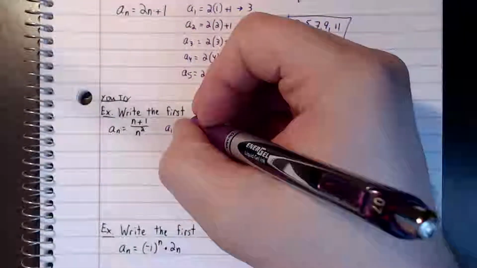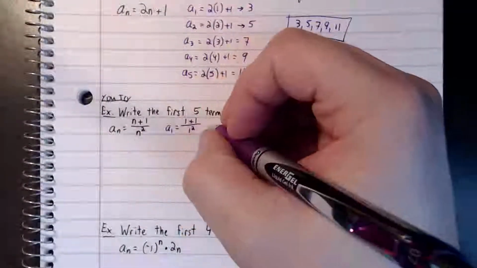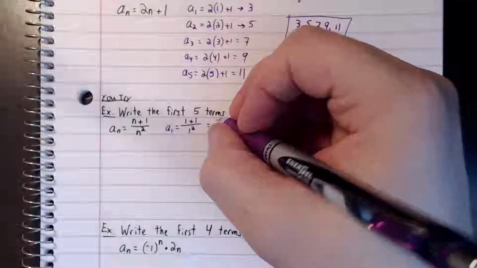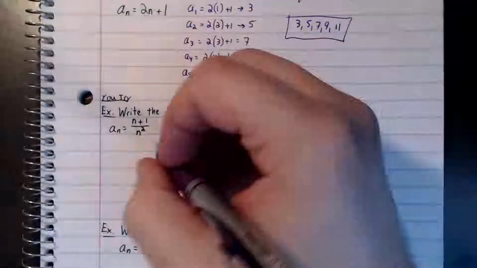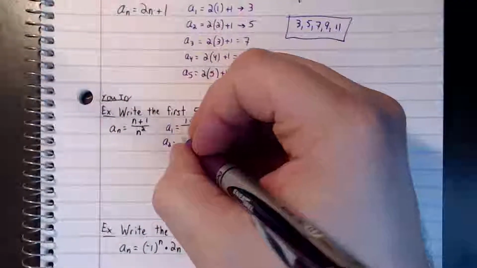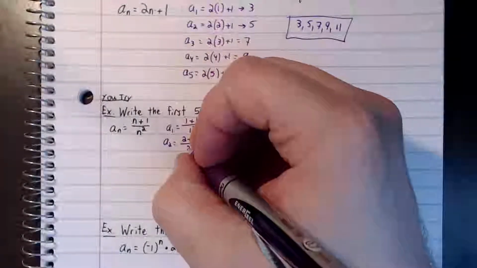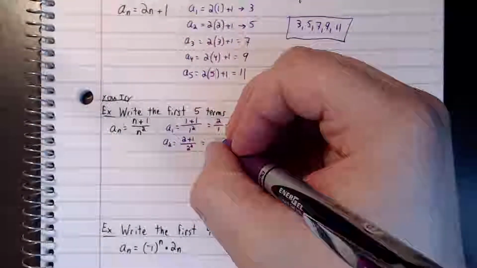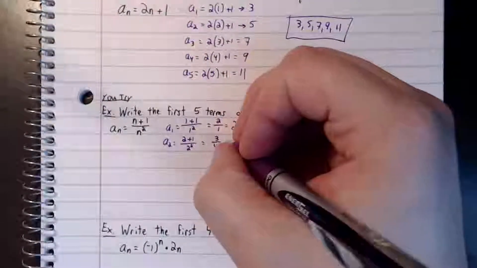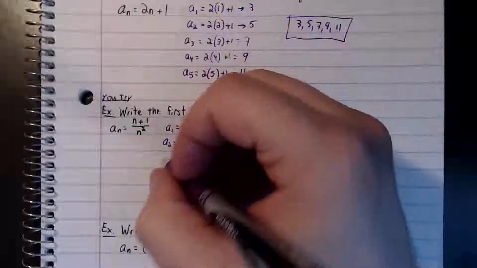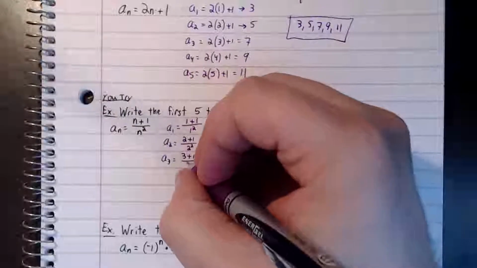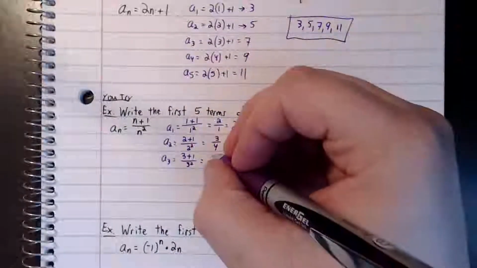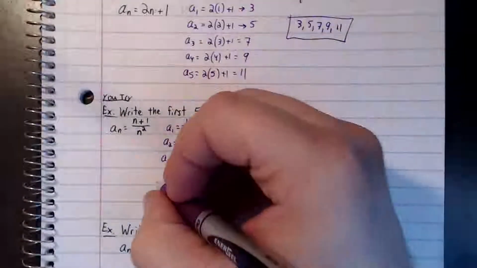For the first term, we're going to be doing 1 plus 1 divided by 1 squared. That's 2 divided by 1, which is 2. Our second term, we're doing 2 plus 1 over 2 squared, which would be 3 over 4. And we just keep on going in this fashion. Now we have 4 over 9.